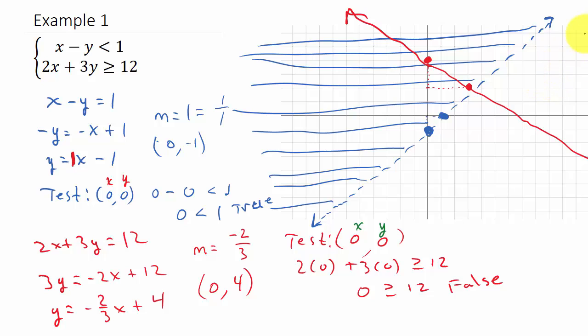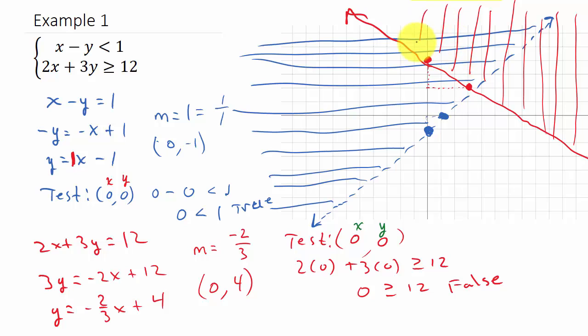Now, when you shade this, let's shade it with vertical lines. Okay, so what's our solution? Well, our solution is where the shaded regions overlap. It's this part right here. See, they don't overlap here or here or here. They just overlap here. So I'm going to shade this part solid.